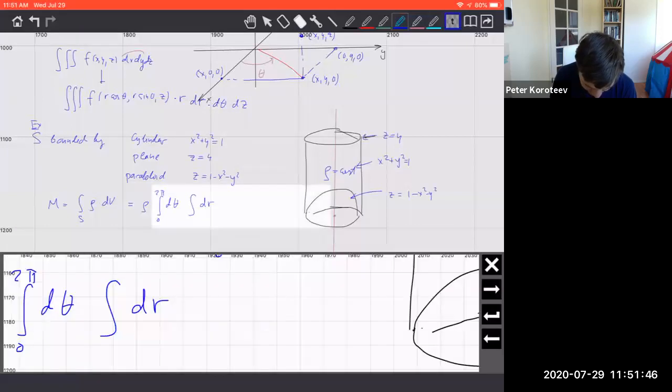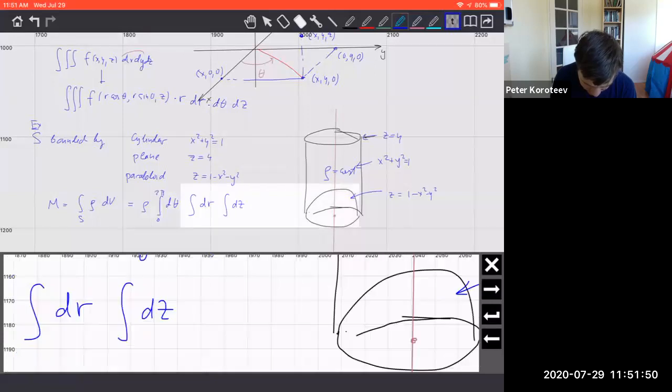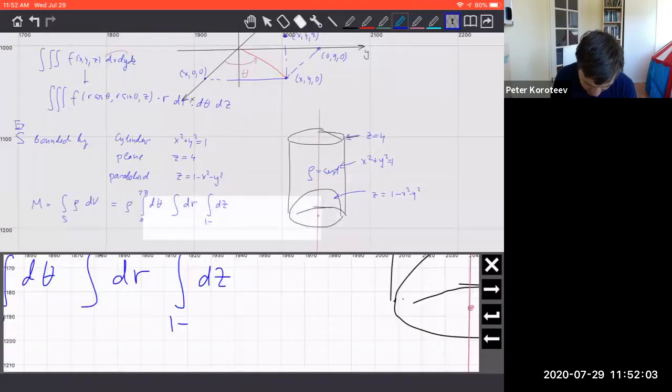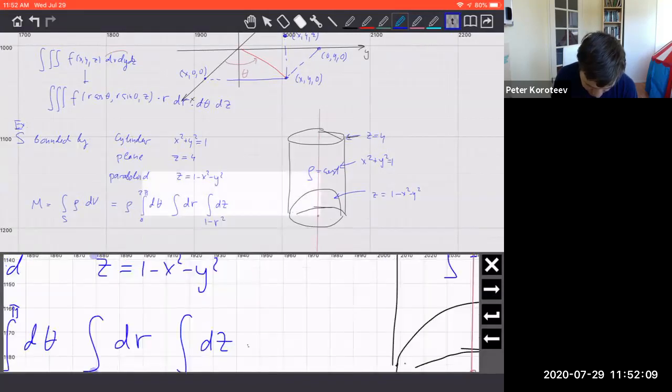We'll put the limits there, and then the first integral we do will be the integral over z, of 1, the constant, from 1 minus x squared minus y squared, which is 1 minus r squared. Actually, we forgot r.